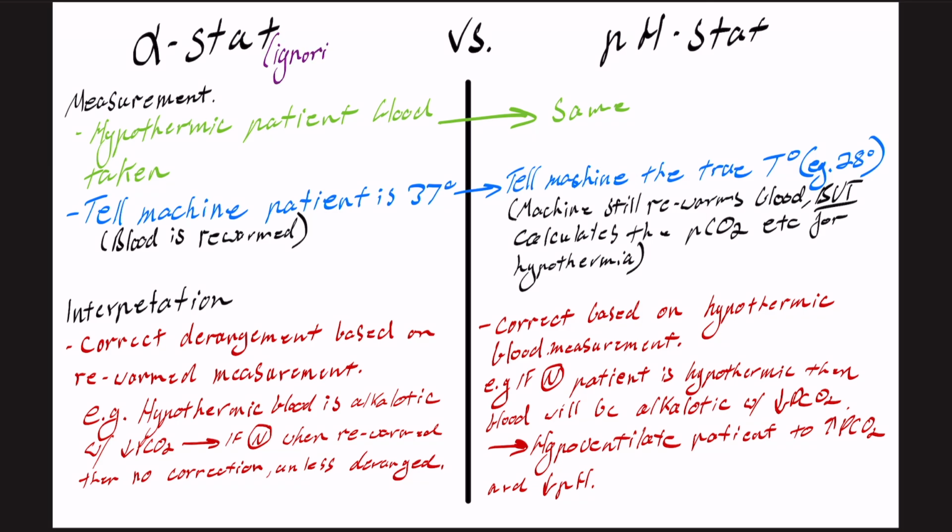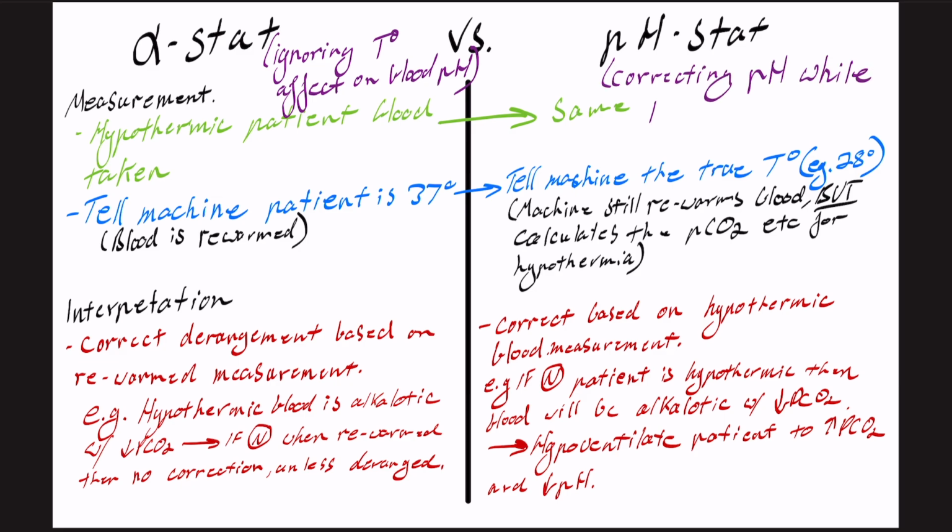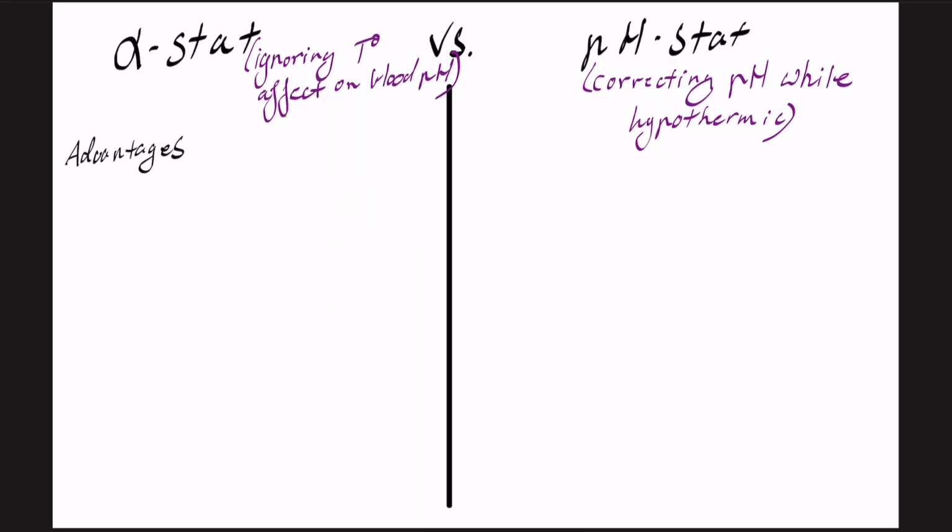You can see here that in the alpha stat approach, we're essentially ignoring what the temperature is doing to the patient while they're on the table. But in the pH stat approach, we're correcting what is happening to the patient on the table while they're hypothermic.